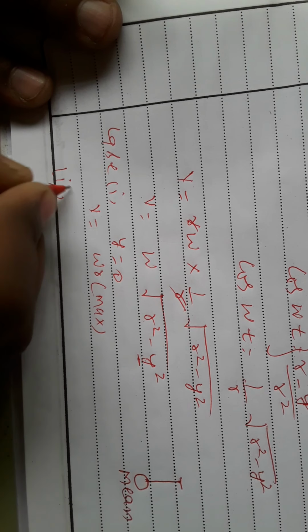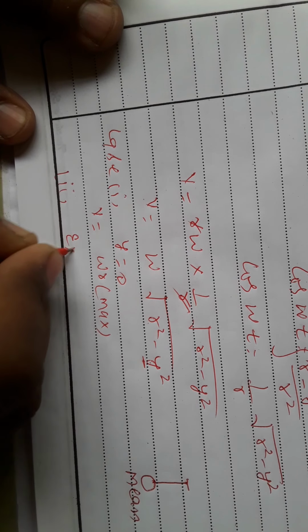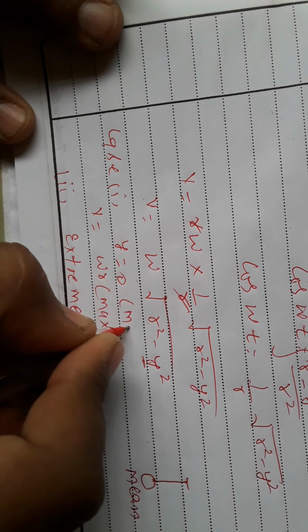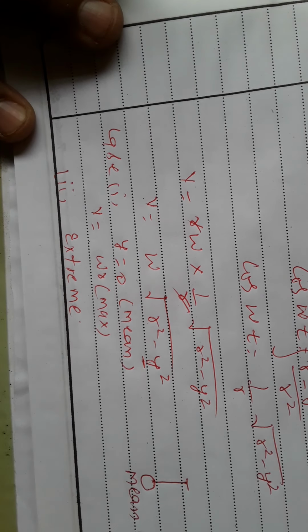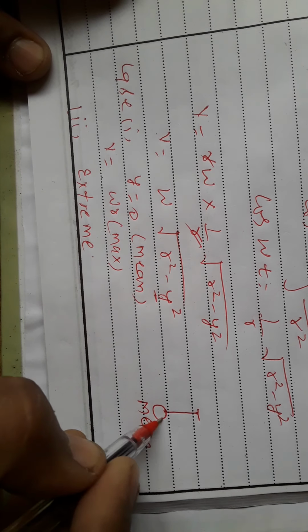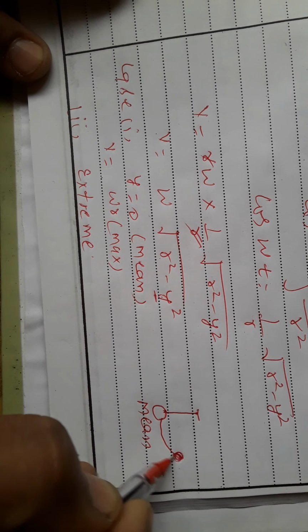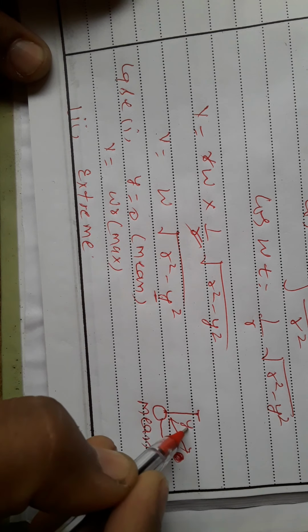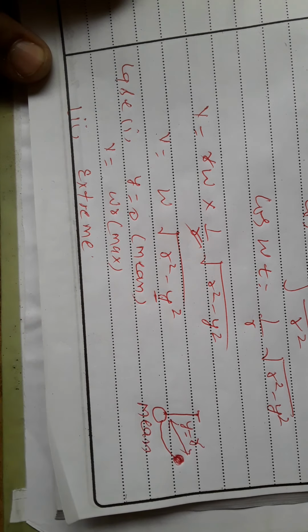Second is the extreme position. At the extreme position, when the object comes to this point, earlier we have proved that this is equal to amplitude, so y is equal to r.